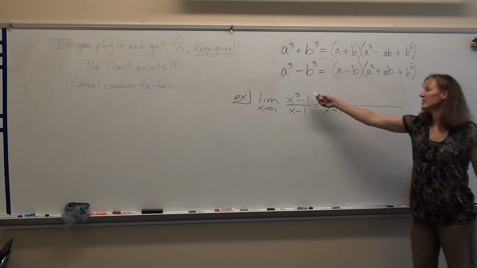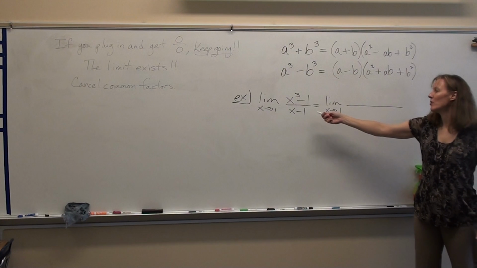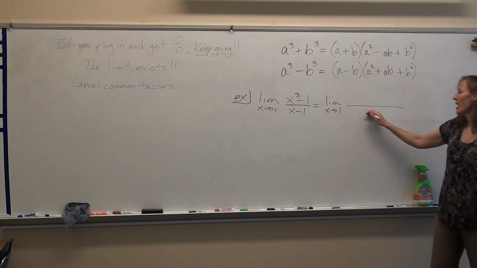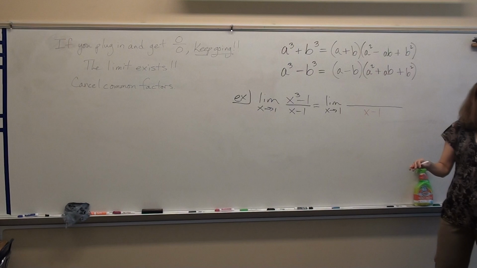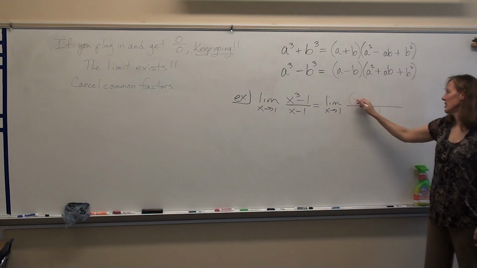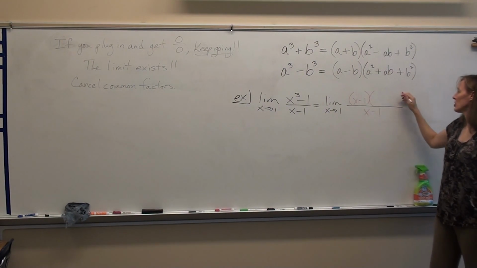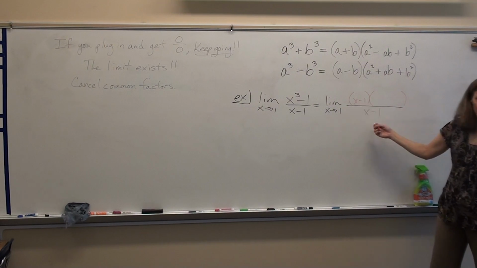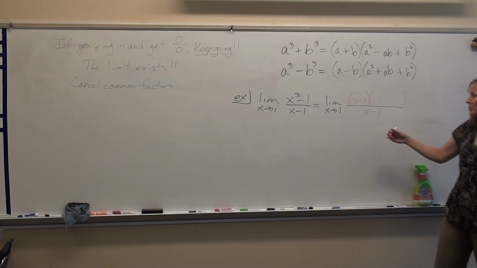If you plug in and got 0 over 0, that means that one of the factors on top has to be what? X minus 1. Right? So if you've forgotten how to factor cubes, at least you've got that going for you, right? You know x minus 1 has to be one of the factors.